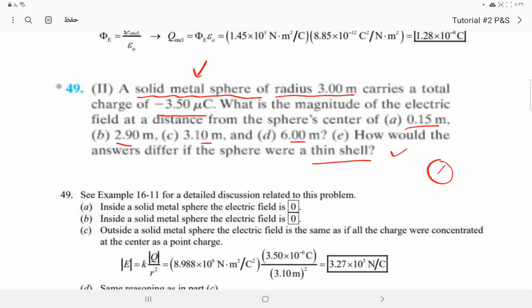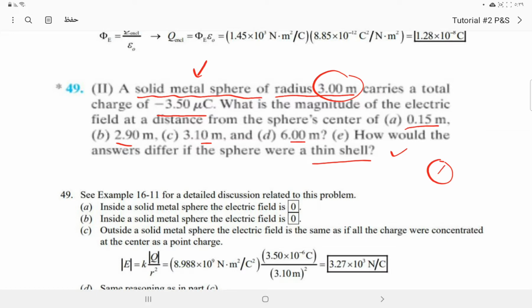We know the radius, it's given, and they are giving us different numbers for different locations with different distances from the center. First of all, what is the radius? This is very important. What is the radius of the solid metal sphere? It is 3 meters here.